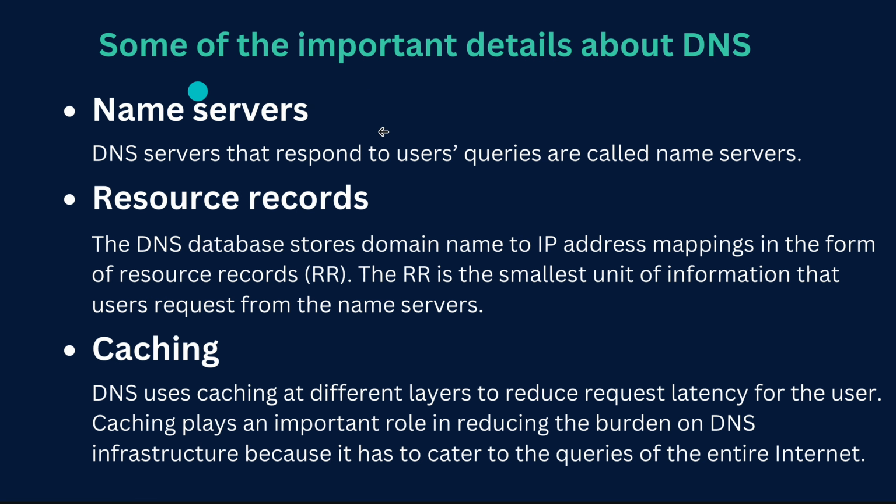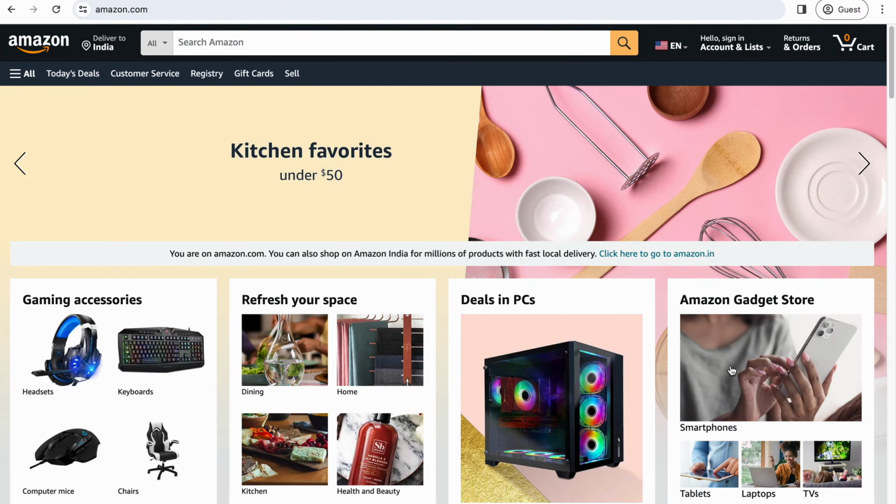Then there are resource records, the different types of IP address mapping, in the form of RRs. The RR is the smallest unit of information that users request from the name servers. There is caching also. DNS uses caching at different layers to reduce request latency for the user. Caching plays an important role in reducing the burden on the DNS infrastructure because it has to cater to the queries of the entire network.